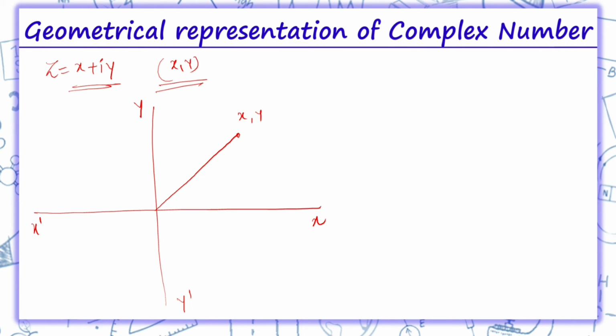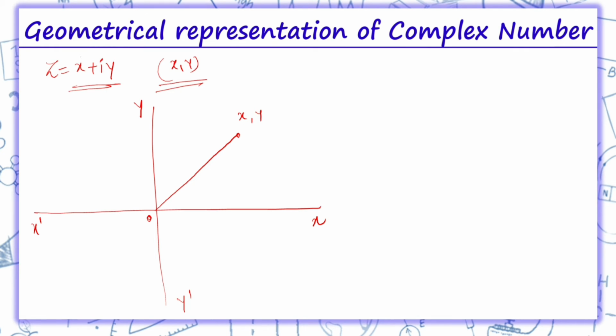So to represent this z is equals to x plus iy geometrically, we basically take two mutually perpendicular lines as we have seen over here, x o x dash, y o y dash. We will plot these points, these coordinates on the graph, and thus the complex number is represented.